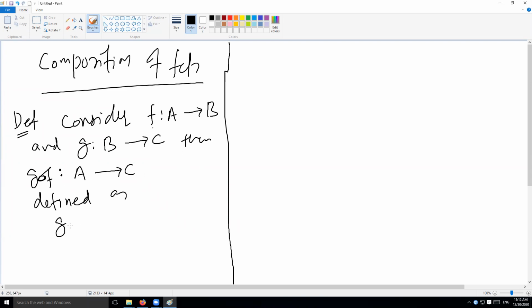That g composition f operated onto some point a. Okay, so this is important to learn to read as well. So how to read it? g composition f operated onto a. If I'm writing b equal to f of a, I can also read it as f operated onto a gives b.